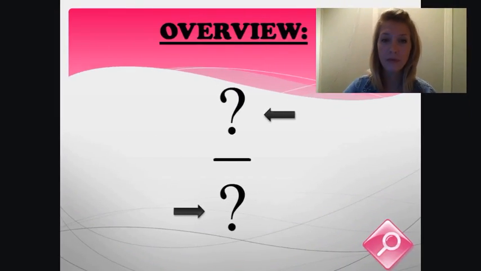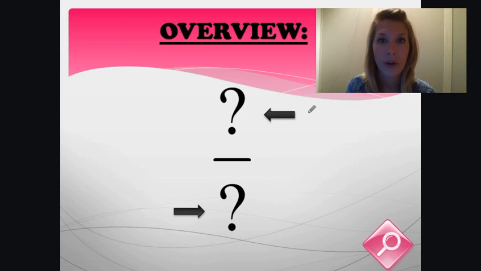Before we get started, let's take some time to review some basics before we move forward. I want to make sure that we all have a strong understanding of what this is. This as a whole right here could be called a fraction or a ratio. And this top number, I don't want to refer to it as the top number.